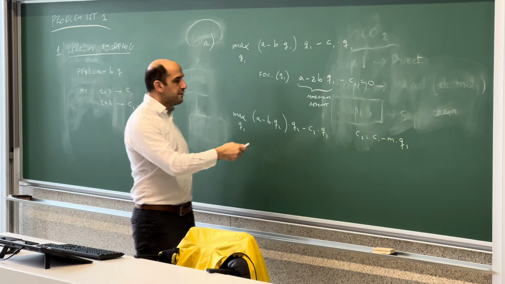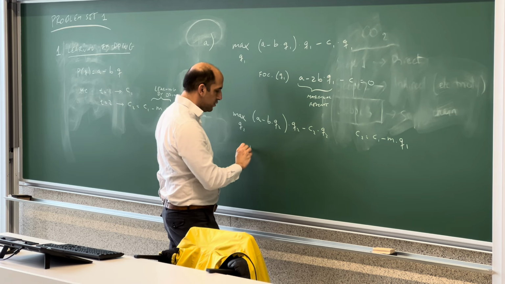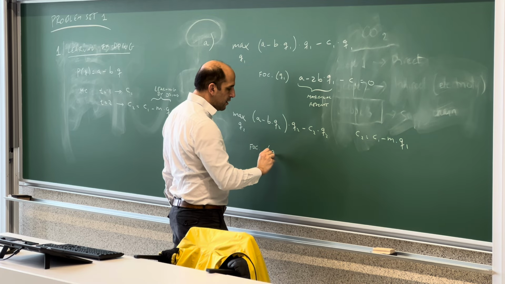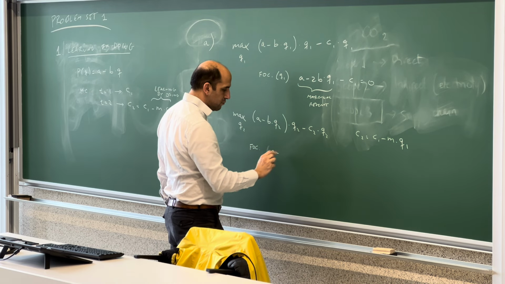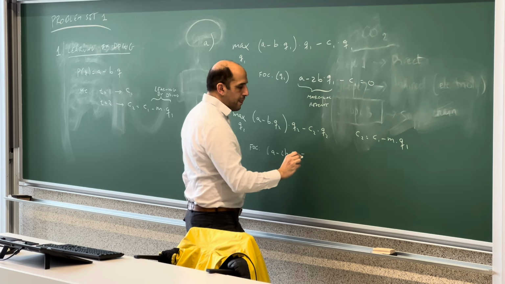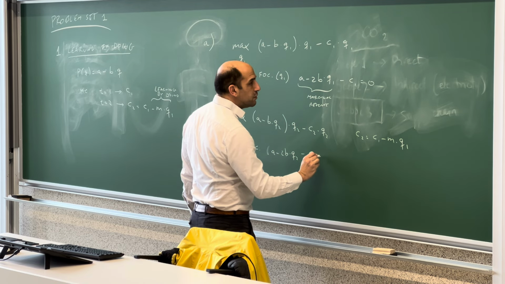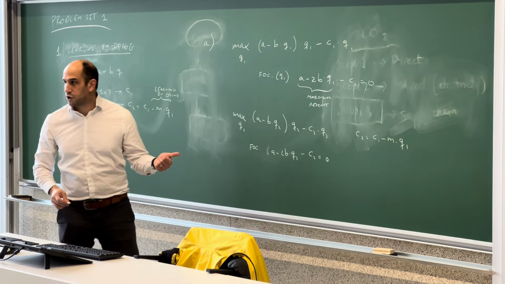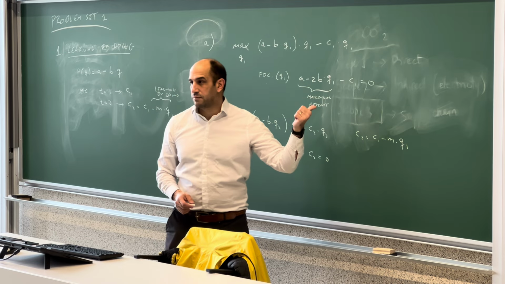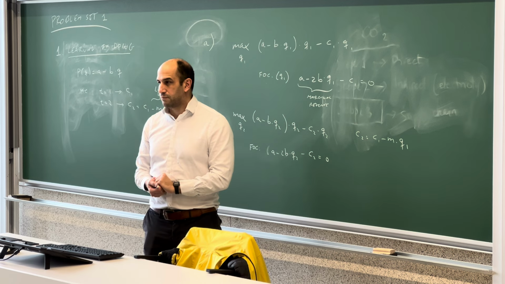Marginal revenue in period 2, doing the derivative with respect to Q2, is A minus 2B times Q2 minus C2 equals 0. So marginal revenue equals marginal cost, and the marginal cost here is going to be lower than in period 1.